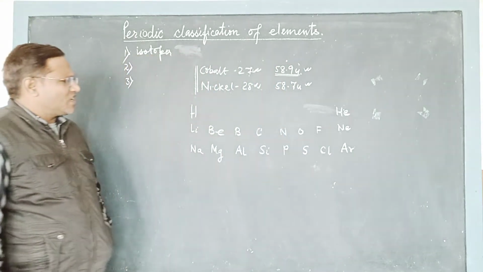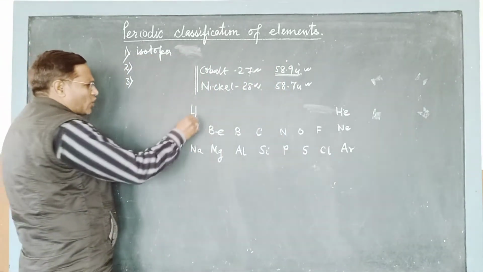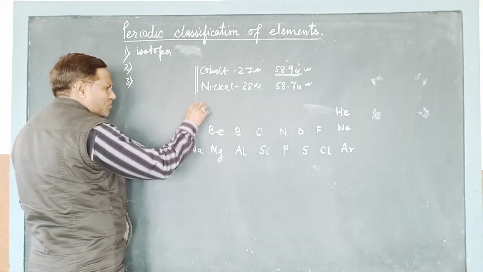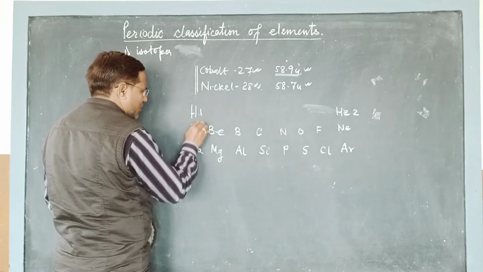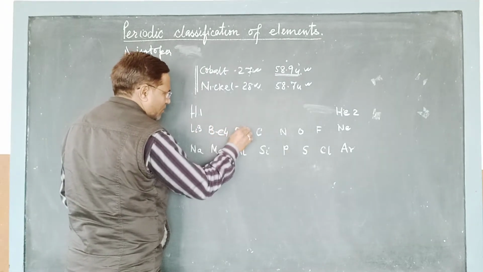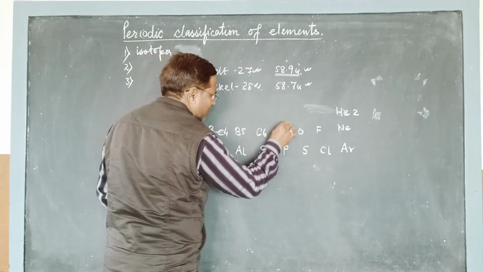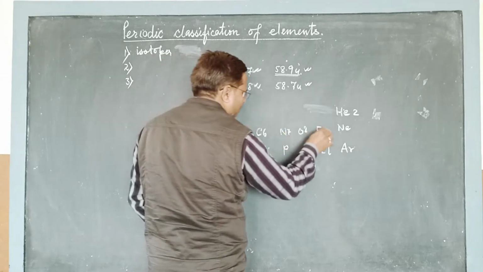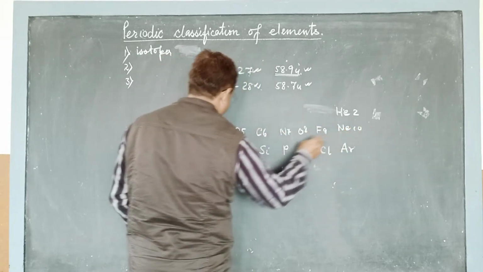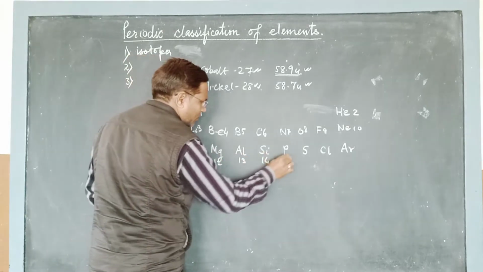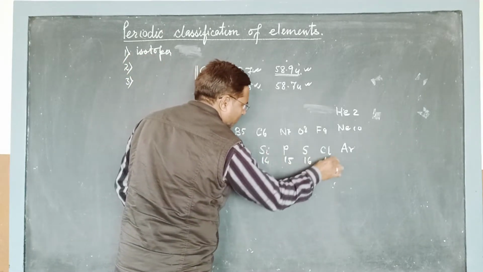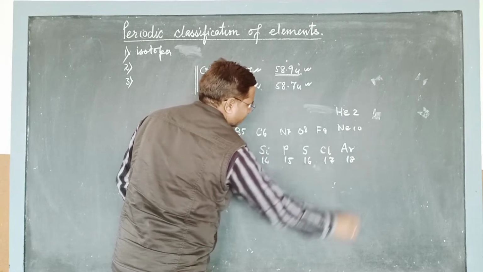Let us write the atomic numbers also: 1, 2, 3, 4, 5, 6, 7, 8, 9, 10. Then 11, 12, 13, 14, 15, 16, 17, 18.